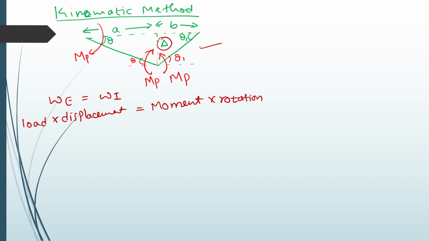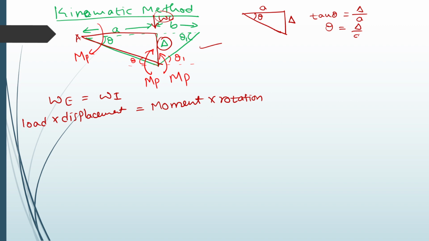The load applied is WC, and due to this load the displacement developed is delta. Consider this triangle: this is the theta value, this is delta, and this one is the distance A. Applying tan theta, which is opposite by adjacent, adjacent is A. Since theta is very small, tan theta is approximately theta.